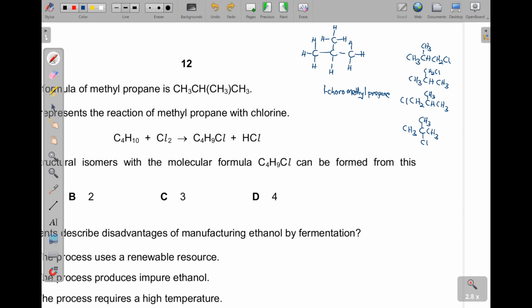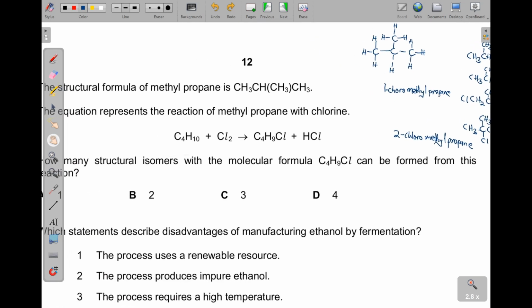But for this one, it is 2-chloro, on the second carbon here, then methylpropane. So we have only 2 isomers, 1-chloromethylpropane and 2-chloromethylpropane. That means our answer has to be B.